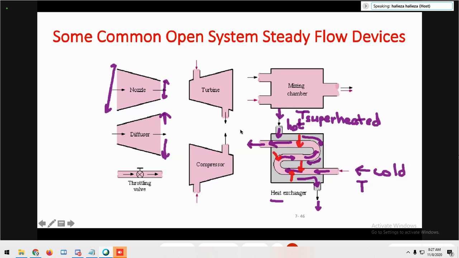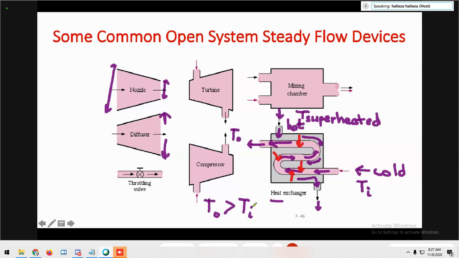This out temperature compared to this in temperature should be higher. The out temperature should be higher than the in temperature because the hot superheated steam has transferred its heat to the fluid inside the pipe.